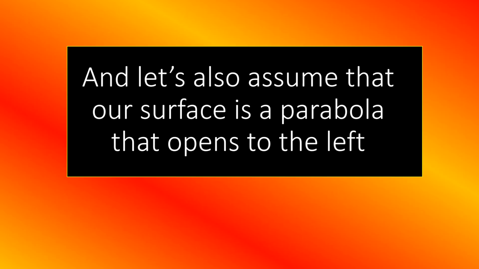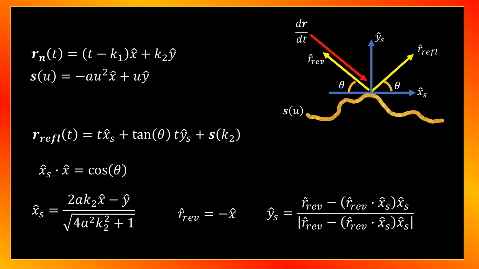So the second assumption that we will make is that our surface is a parabola that opens to the left. And this means that we model our surface as s of u is equal to negative a u squared x hat plus u y hat, where a is the factor that determines how wide our parabolic opening is, and x hat s simplifies to this over here, and r hat rev, that's just negative x hat because it's just a horizontal line.